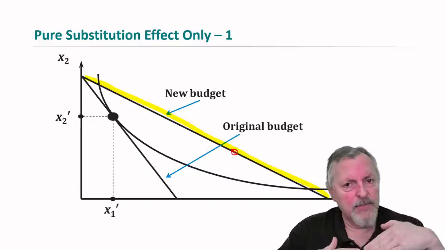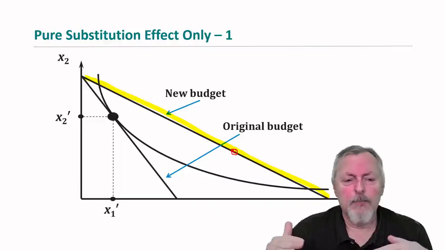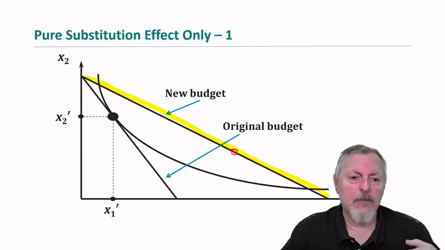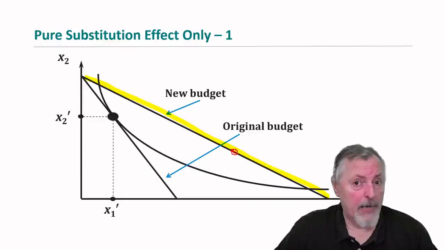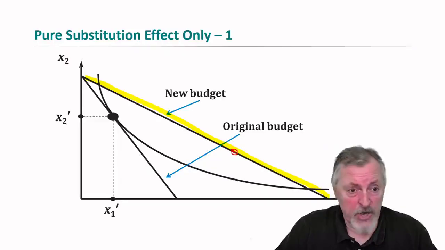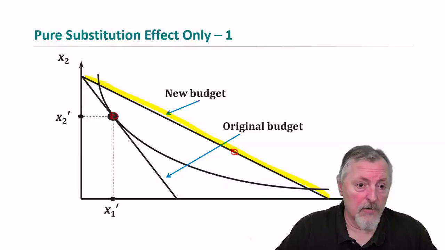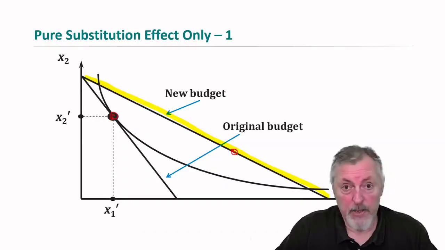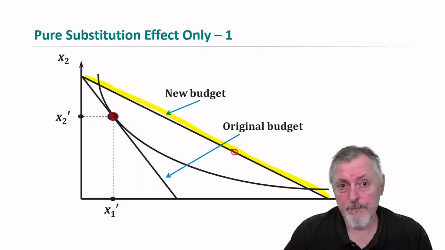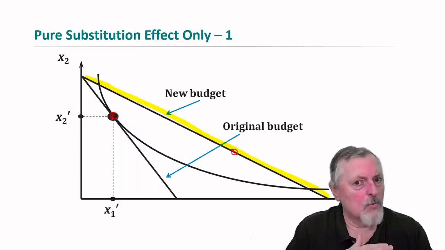So keep the new relative prices, but subtract off, back out the additional purchasing power you had. If we could do that, then whatever change you made from here to whatever the new bundle would be has to be entirely due to the substitution effect, entirely caused by the change in relative prices, because we've backed out the change in effective income.